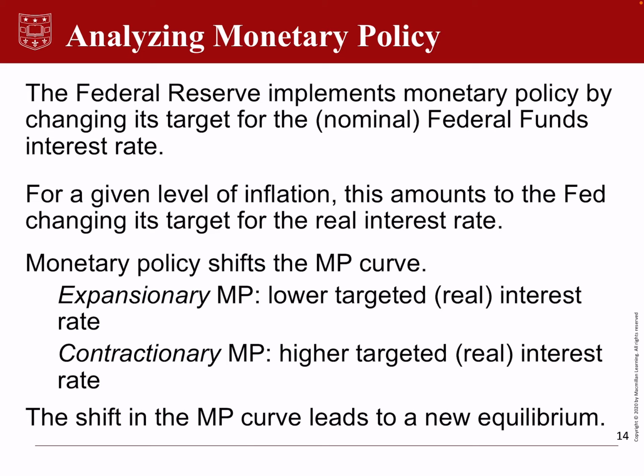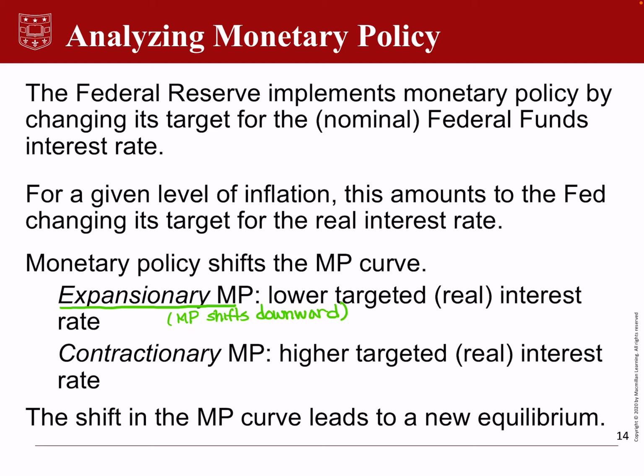Monetary policy changes are going to be associated with a shift in the MP curve. We define expansionary monetary policy as one that is consistent with a lower targeted real interest rate, and contractionary monetary policy is the opposite. So if we have a lower targeted real interest rate, the MP curve is shifting downward.